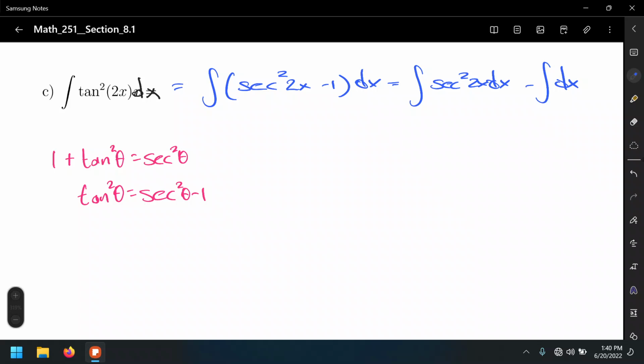And in this case, there's actually a formula to integrate secant squared, isn't it? What's the integral of secant squared? Tangent. Just a quick comment on this one: I'm just going to go with the result, 1/2 tangent 2x.